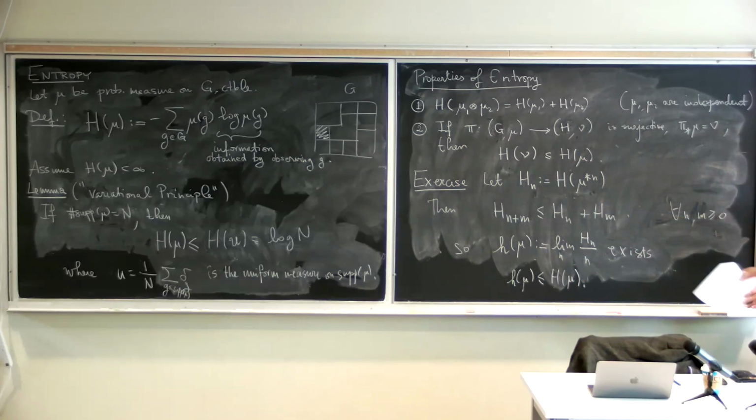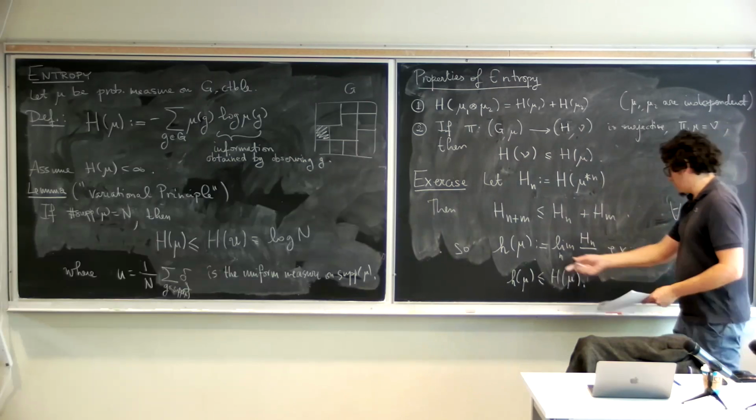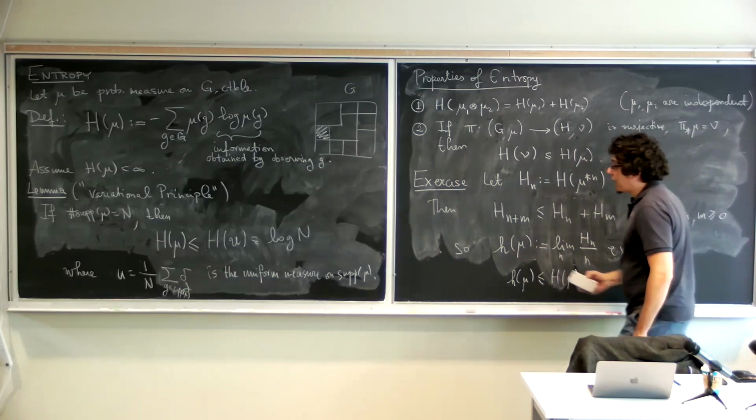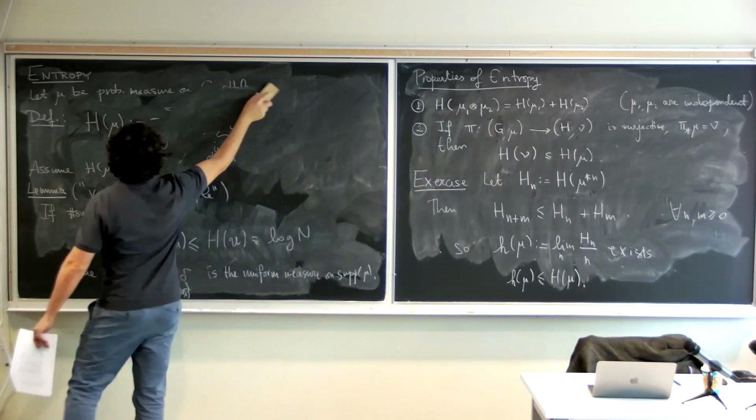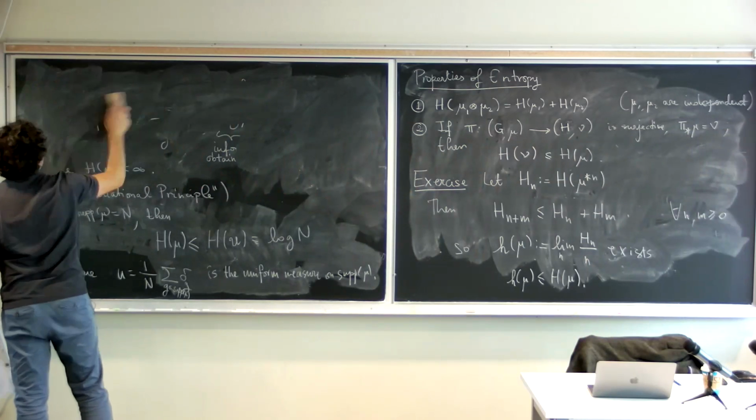So this h of mu is called asymptotic entropy, or Avez entropy, because it was introduced by Avez, I guess.